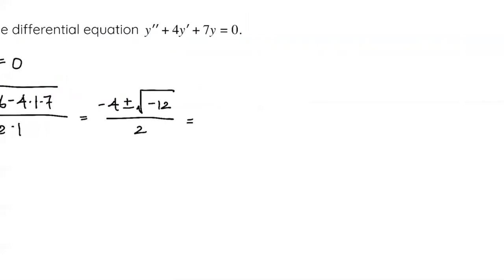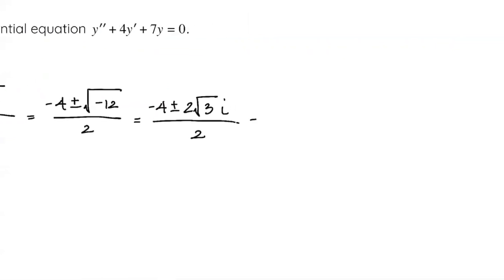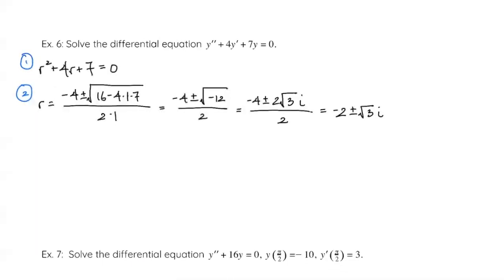And so we might rewrite this as -4 plus or minus 2 root 3i all over 2. And if we reduce that more, we get -2 plus or minus root 3i.